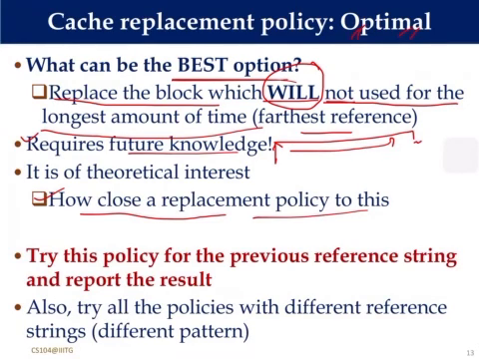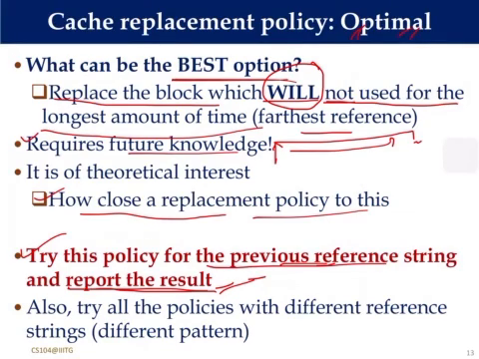Now what I suggest is you can try this policy for the previous reference string. As I often say, I also told in the last class, but I don't know how many of you have responded in the course platform. Anyway, I never lose my hope, so I am keeping my hope on. I'm still telling you, you can try this one and report the result for the previous string.